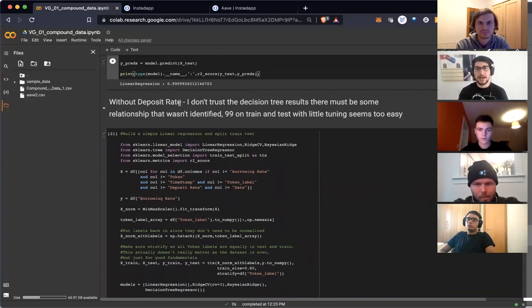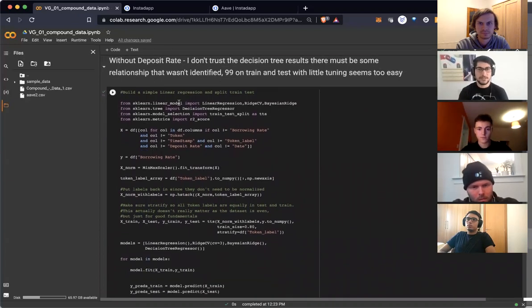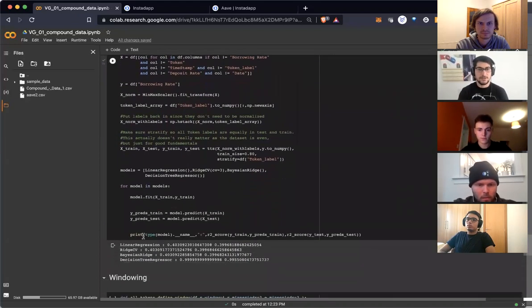If I remove that, what do I predict it with now? The linear regression goes way down, which makes sense. Same with the ridge and Bayesian ridge, because these are both linear models as well. So it makes sense that with the highly correlated feature removed, linear models would go down.